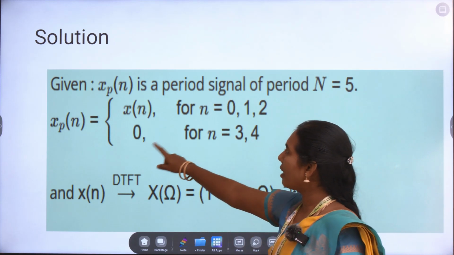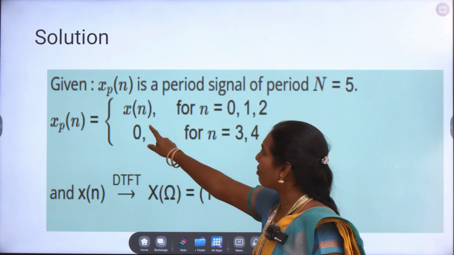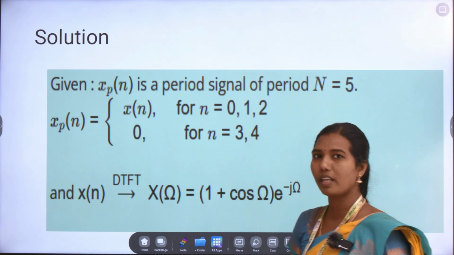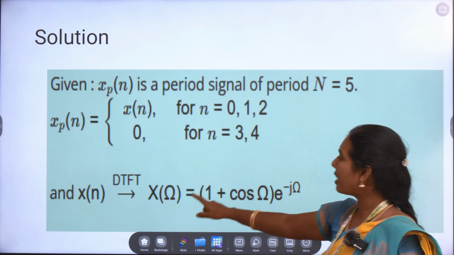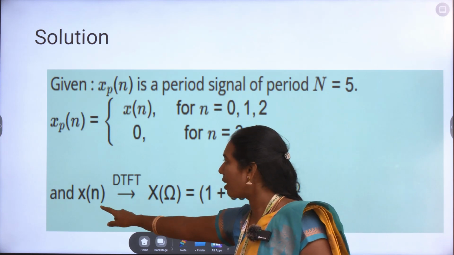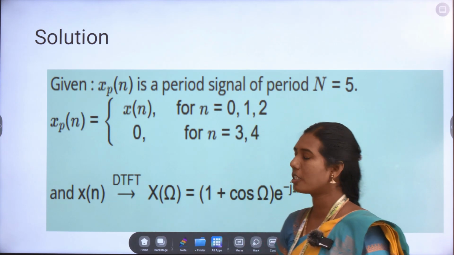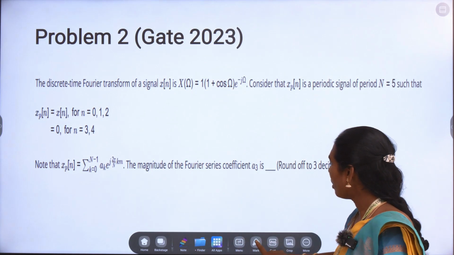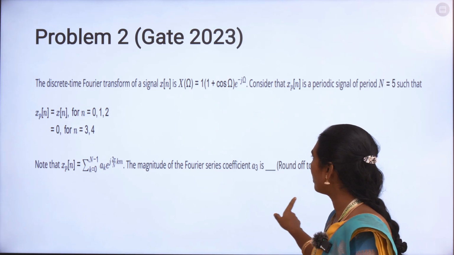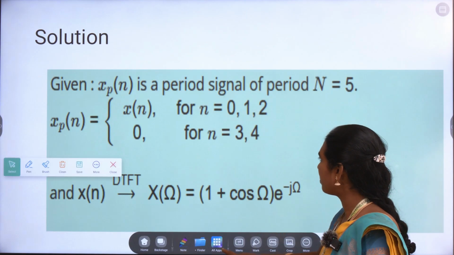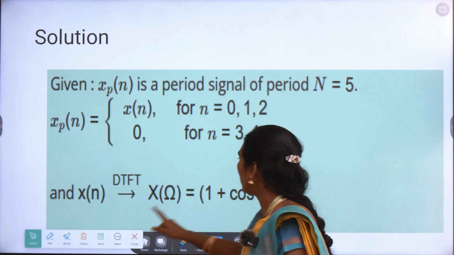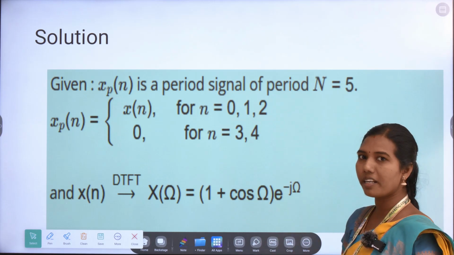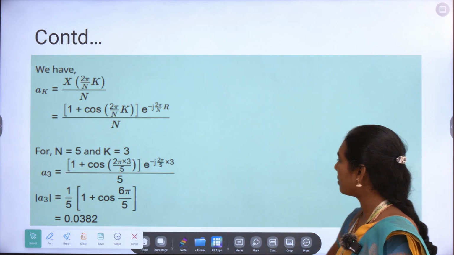In the previous slide it is given the same thing. Here it is mentioned xp of n equal to x of n, and we know that x of n has discrete time Fourier transform X of omega, whose expression is 1 by 1 plus cos omega e power minus j omega.